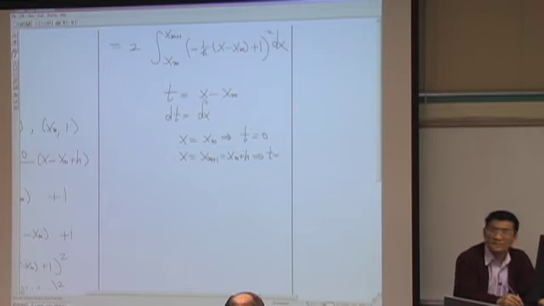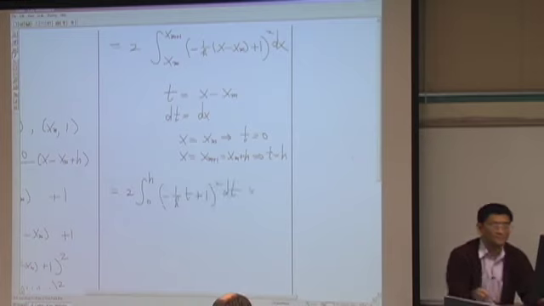When x is equal to xm plus h, then t is equal to h. So we are now rewriting the integral: 2 times the integral from 0 to h of (minus 1 over h times t plus 1) squared dt.